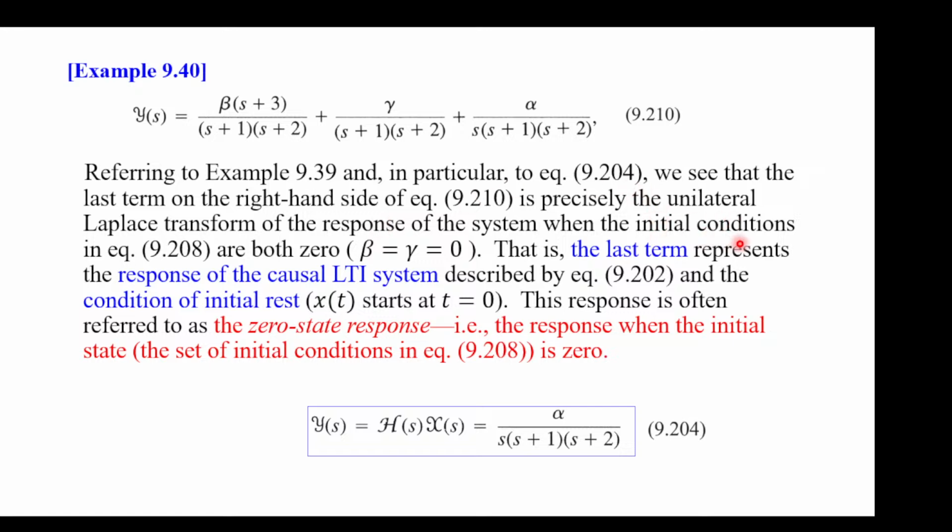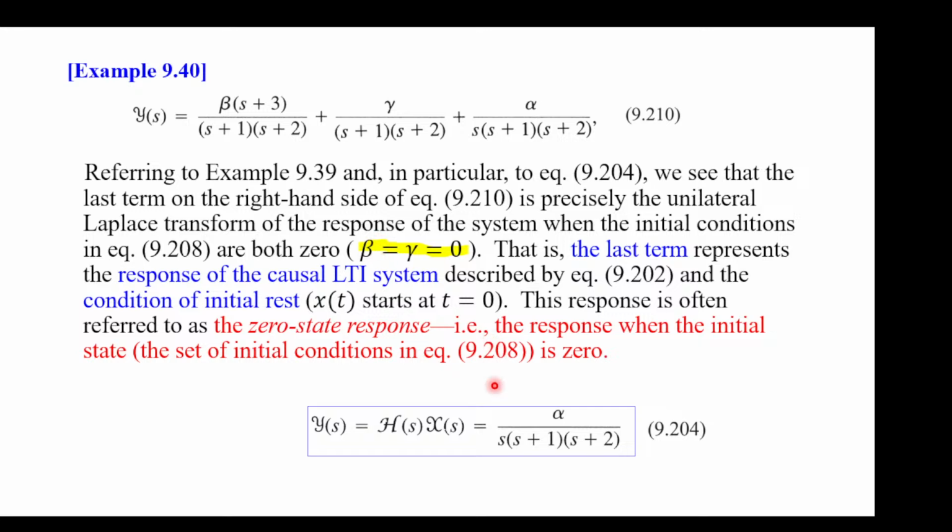And this term is called the zero state response. This alpha term is your only output when beta and gamma equal 0. That's why it's called zero state response, because that's when your initial state is set to 0. You set both beta and gamma to 0, and then you get this alpha response.